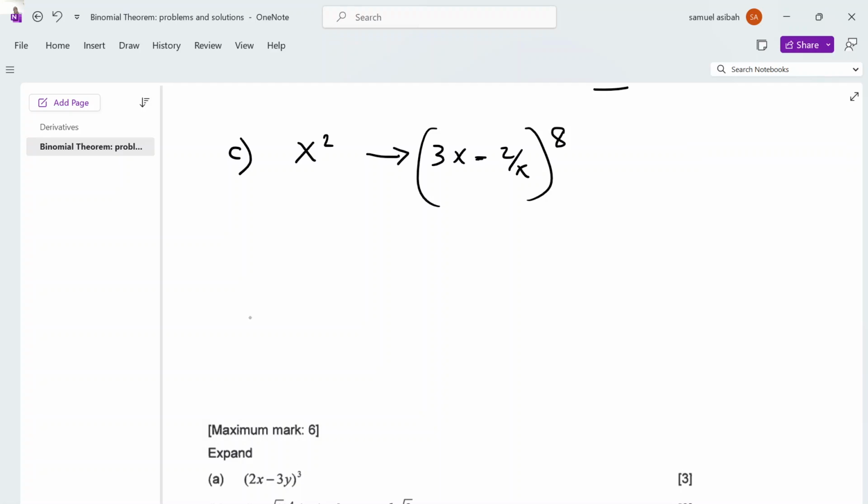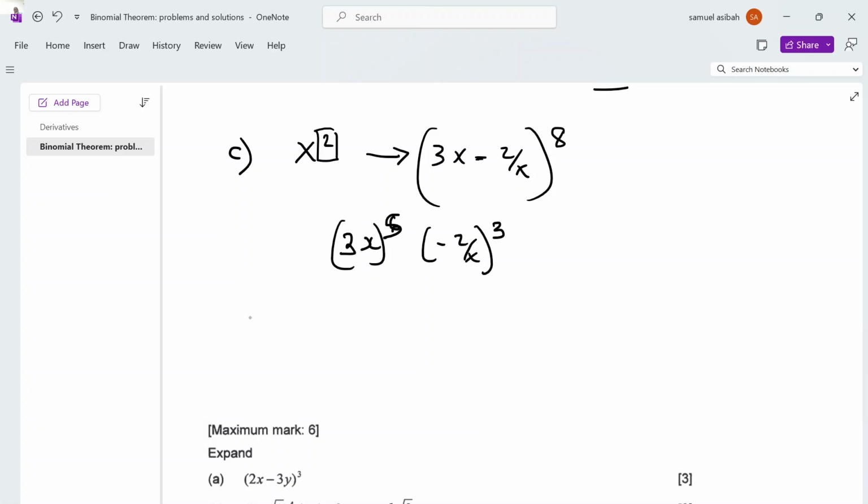Up to what level do we have the power of 2 remaining? If you look at it keenly, the total is 8. When you divide the numerator and the denominator, you can see that 3x has to be raised to 5 and negative 2 over x raised to 3, so that we remain with x squared.